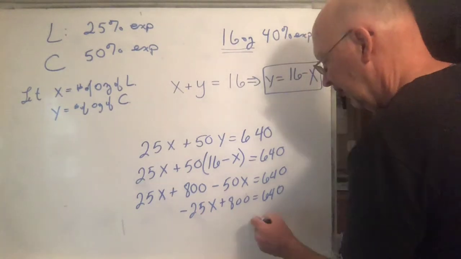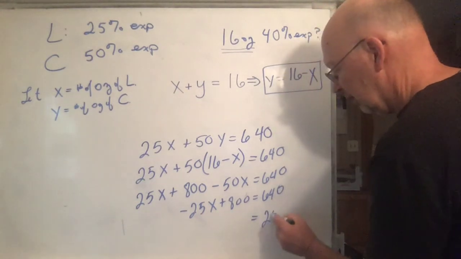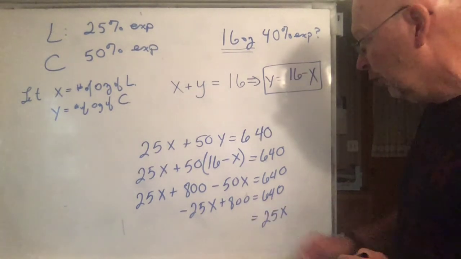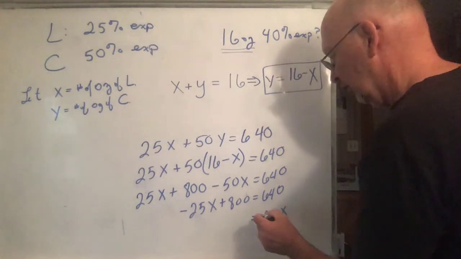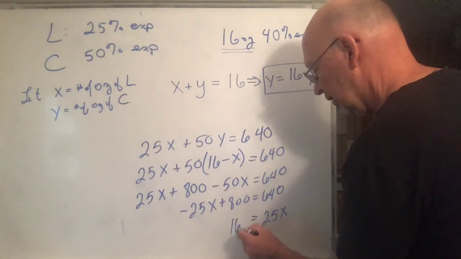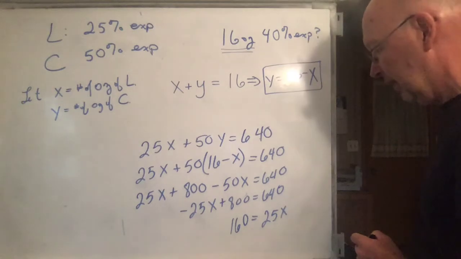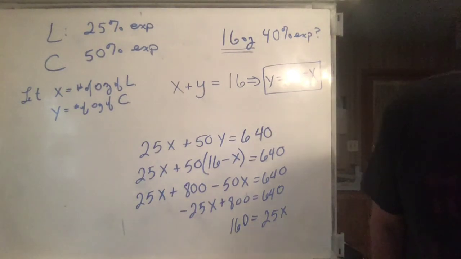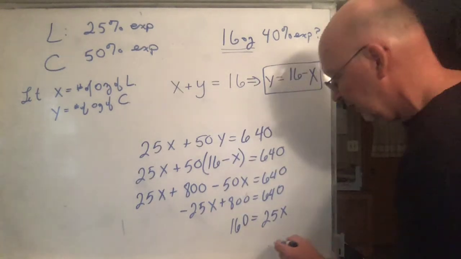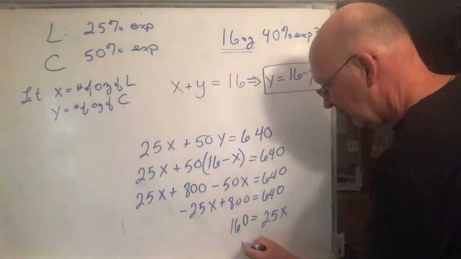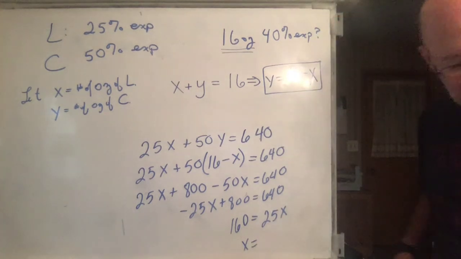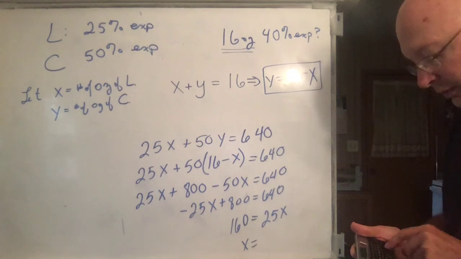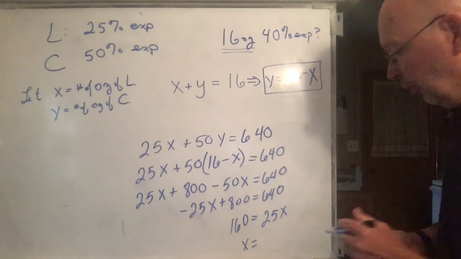Let's bring the 25x over to this side, and let's bring the 640 over to this side. If you do, you're going to get 160. And then you divide by 25, and you're going to get x is equal to 160 divided by 25, which is 6.4.